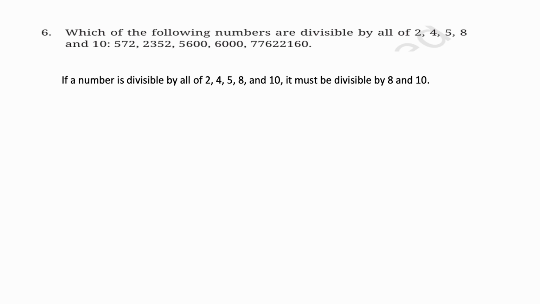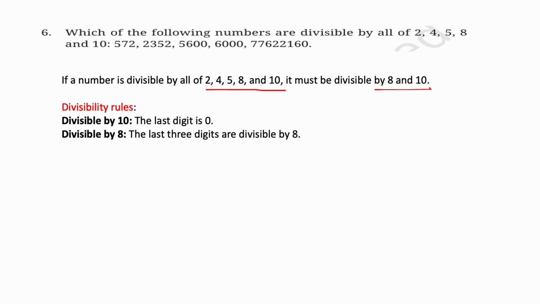If a number is divisible by all of 2, 4, 5, 8 and 10, then it must be divisible by 8 and 10. See the divisibility rules. Divisibility by 10: the last digit must be 0. Then if a number is divisible by 8, the last three digits are divisible by 8.